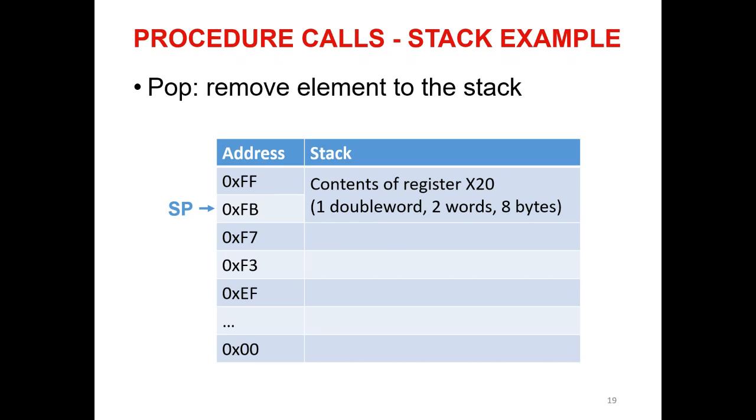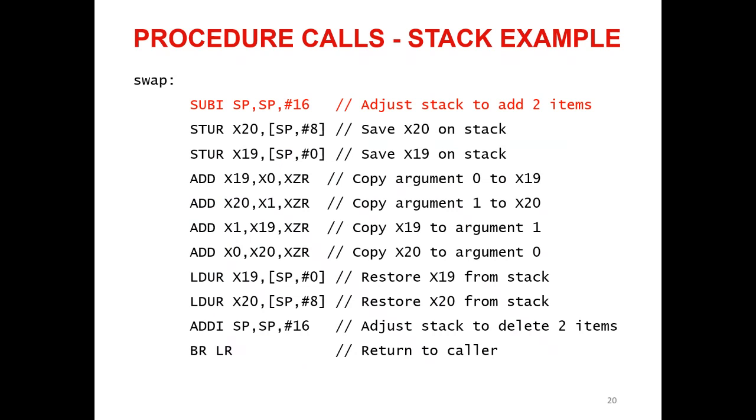So, for instance, imagine now that we have this code. Hopefully all of you understand this code. Here we are inside a procedure. We have already called the procedure with the instruction, and we are in a procedure called swap, with these instructions here.